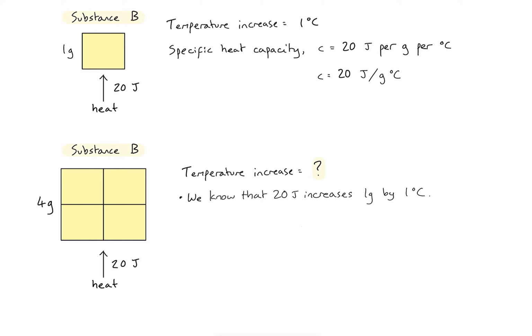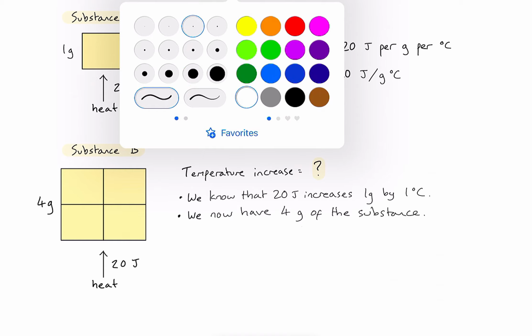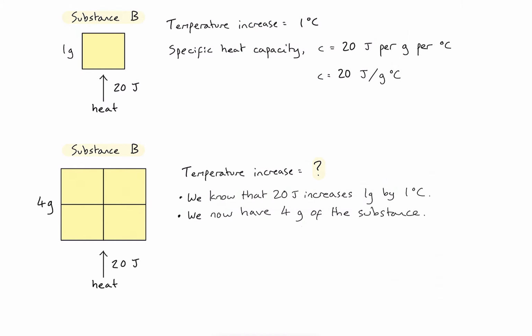However, in this example, we now have 4 grams of my substance. So assuming that 20 joules of energy is split evenly to each gram of the substance, we're only going to get 5 joules of energy going to each gram.